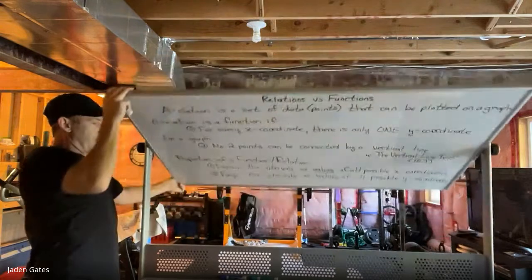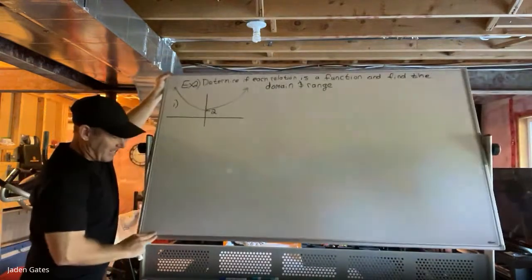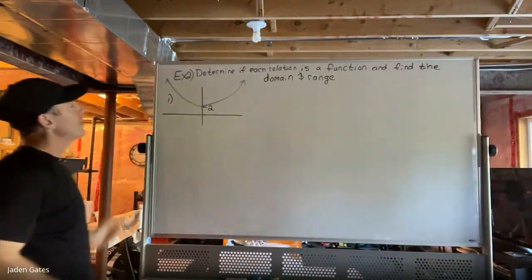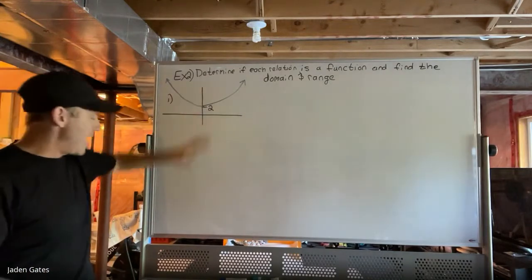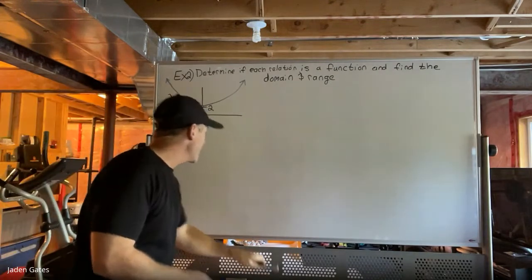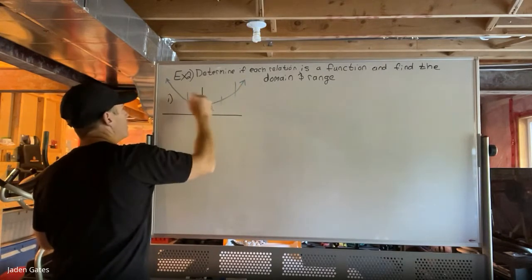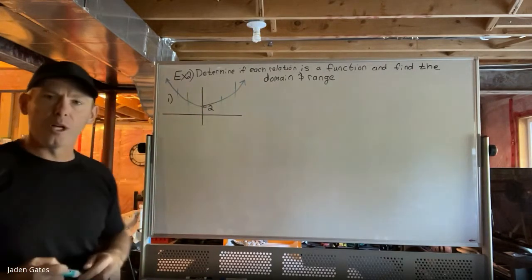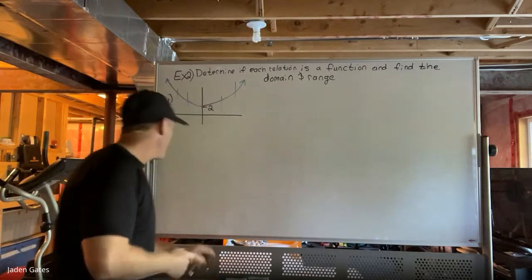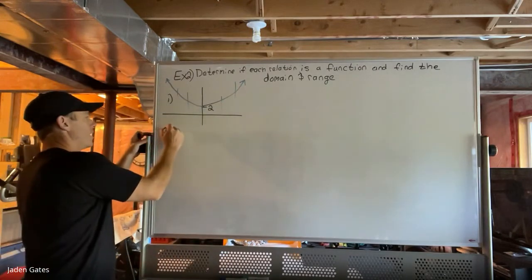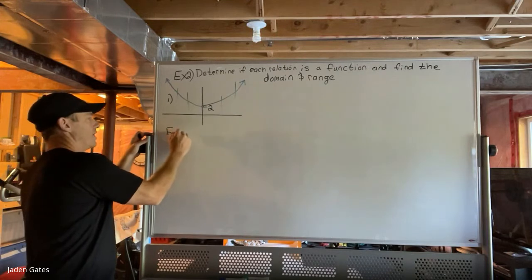When we're looking at our little quadratic here, the first thing is wherever I draw a vertical line, it always hits one spot. And so that means that our quadratic here is a function.